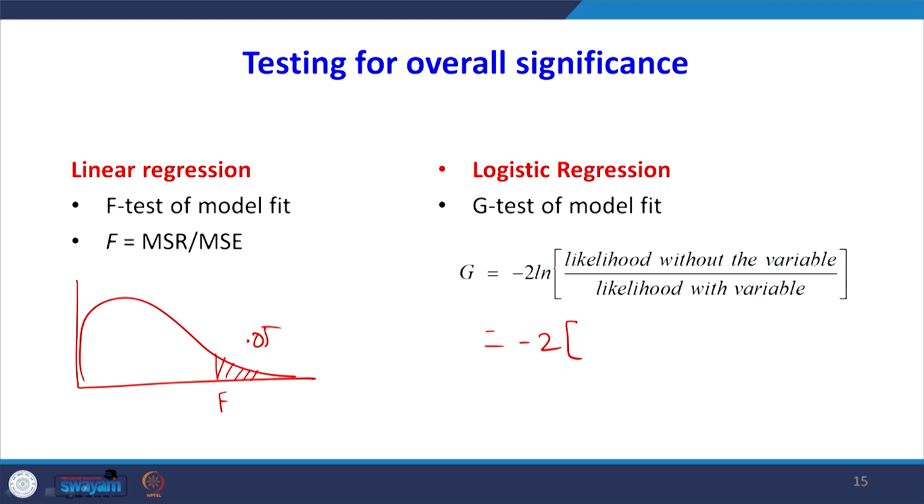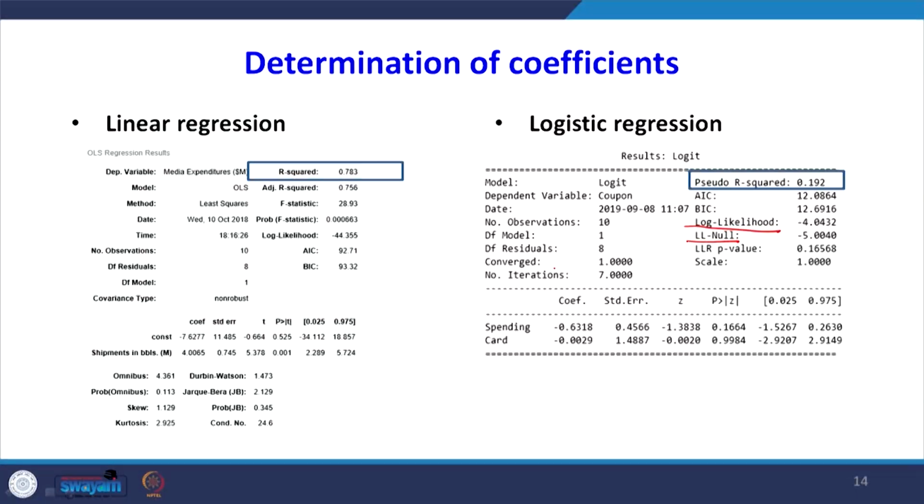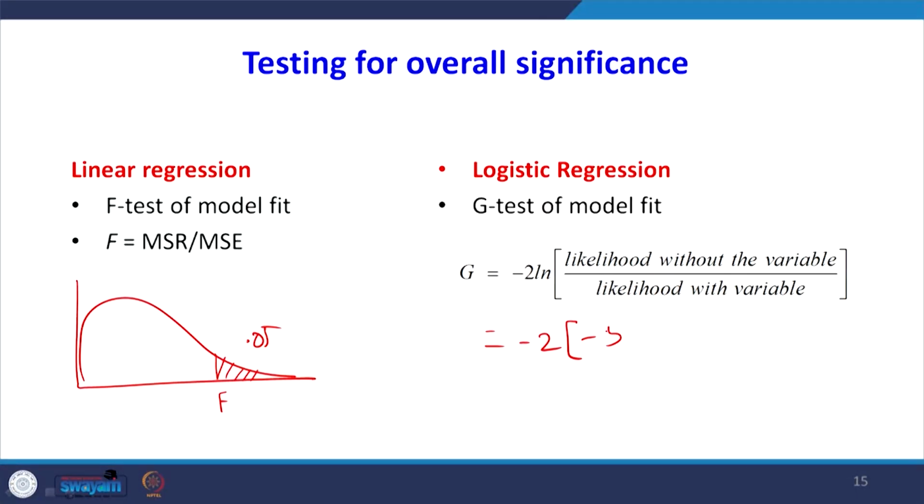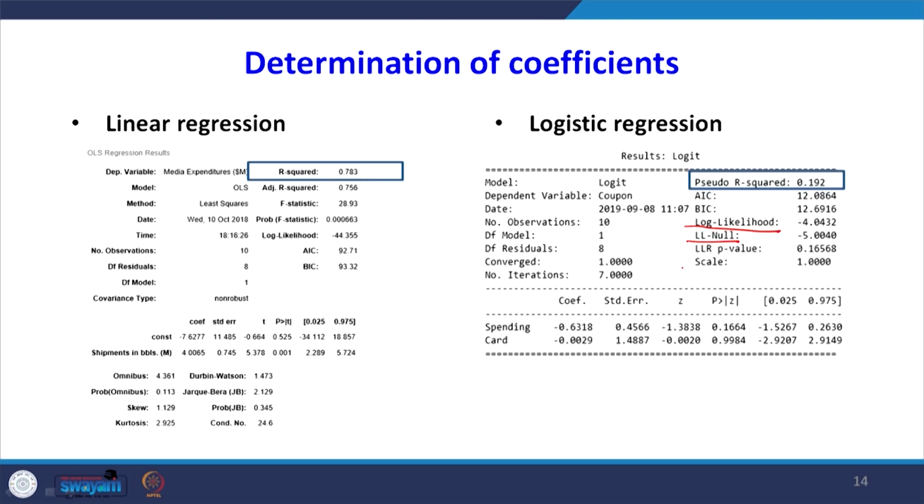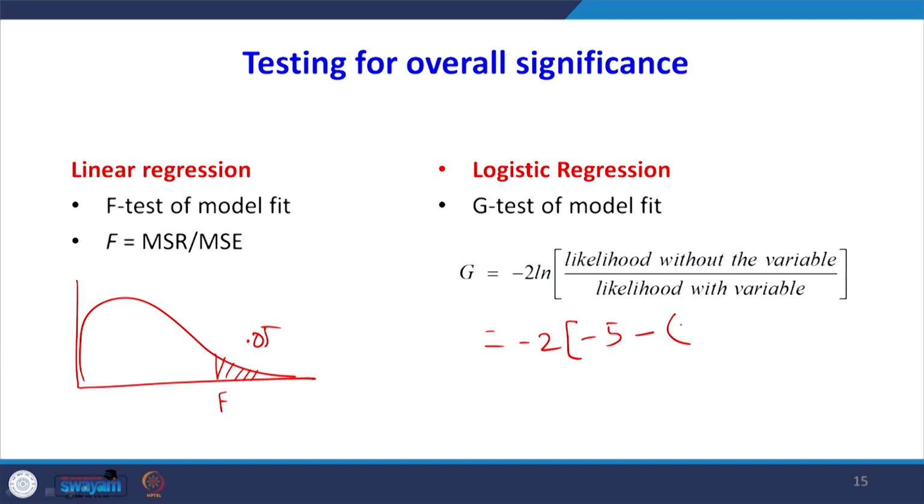So likelihood without the variable is minus 5, minus, for the log of division, likelihood with the variable is minus 4. When we simplify, minus 5 plus 4, we will get minus 1, so plus 2.